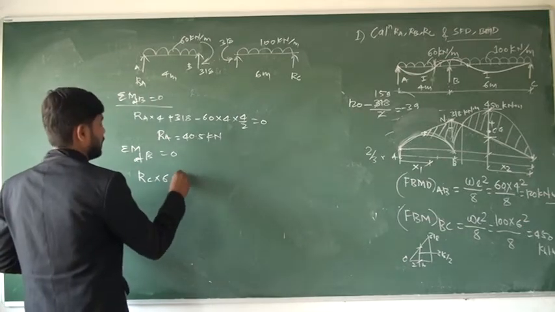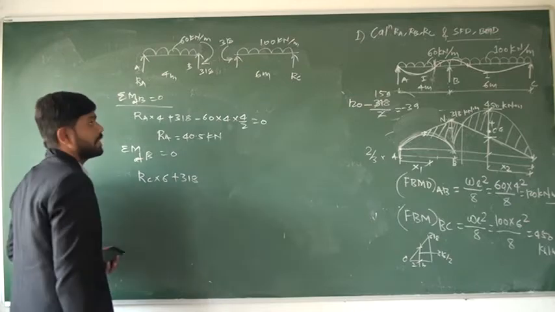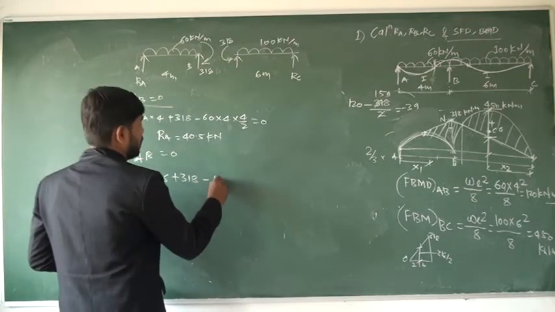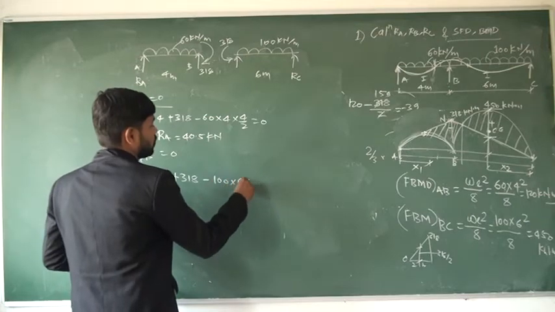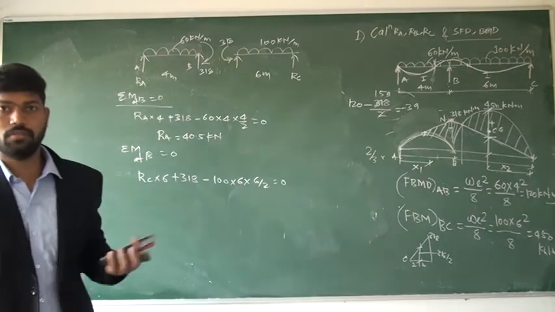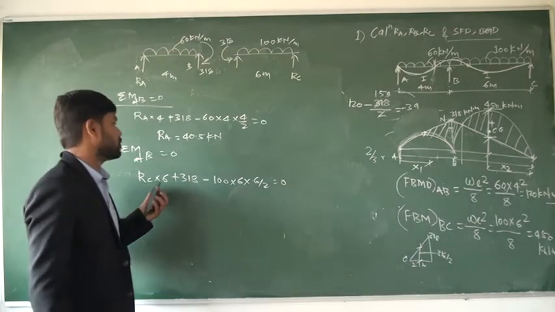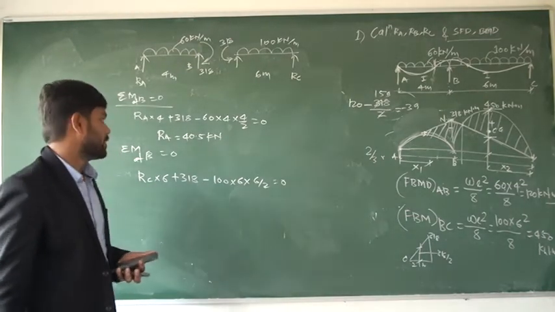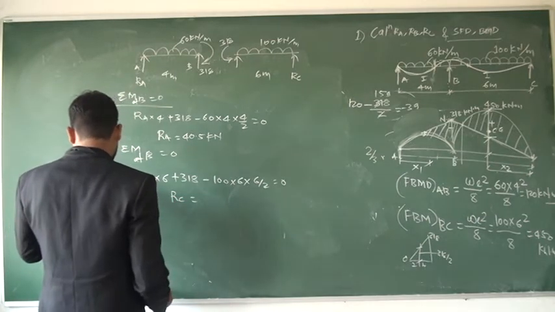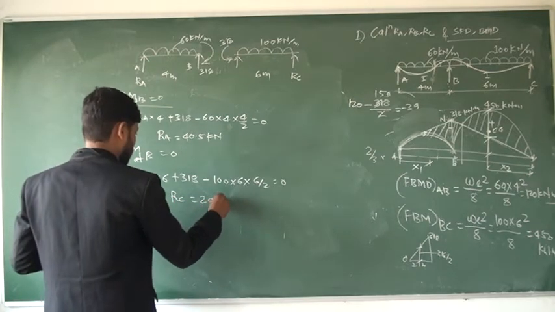Then this 318 is also anti-clockwise. I have taken anti-clockwise as positive. So this 100 into 6 into 6 by 2 is clockwise, so clockwise will be negative. If you calculate RC from this, you will get 247 kilonewton.